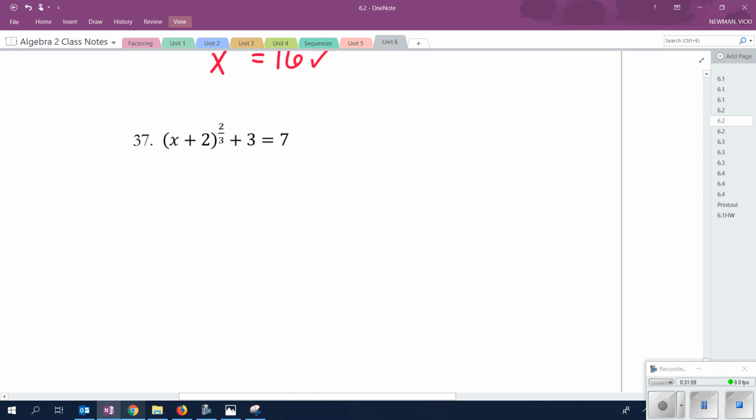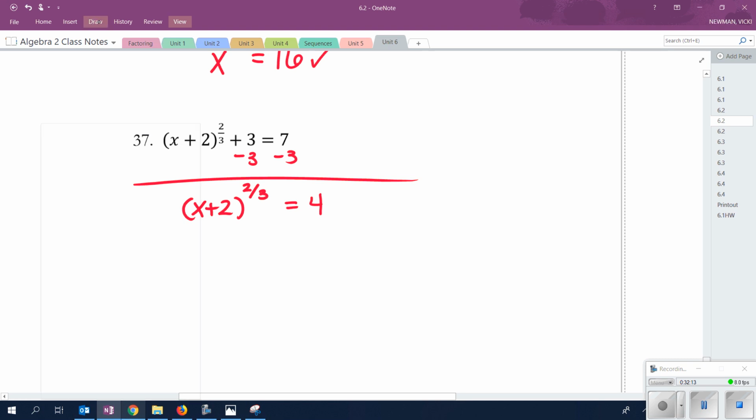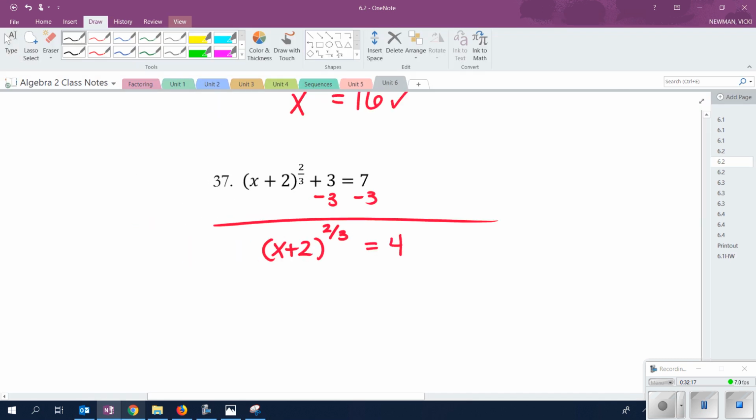Last one here. You tell me what to do. Go. I'm your little robot. Subtract 3. Beautiful. Now what? Raise. Do you see how easy it is to say that? Like you want to say it, but you know you're not supposed to.